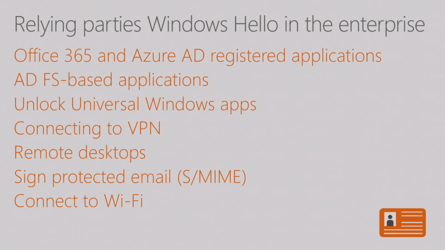You can use them to unlock a locally universal Windows platform app, if you want the user to be able to log in locally into that app. You can use them against on-premises applications because AD will understand the tokens that the user has under certain circumstances.